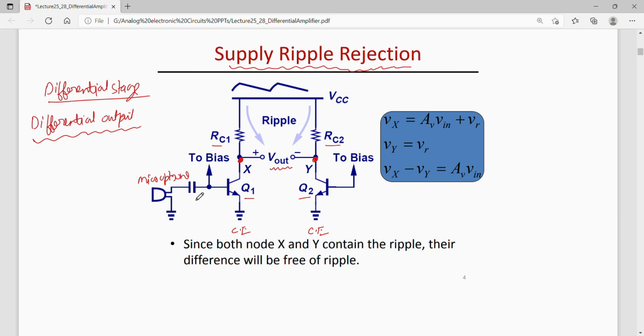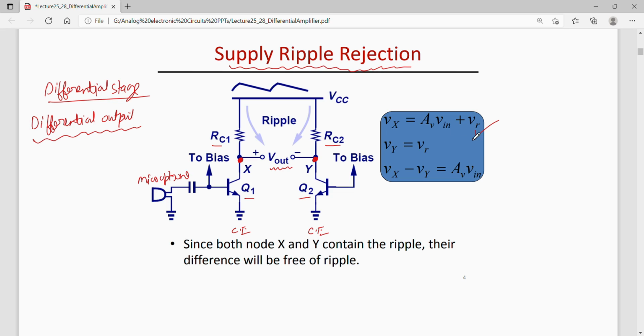So when the microphone input is applied to Q1, at Vx, that is the collector of Q1, we will see the amplified microphone signal plus ripple. Similarly, at the collector of the Q2 transistor, the output will contain only ripple.